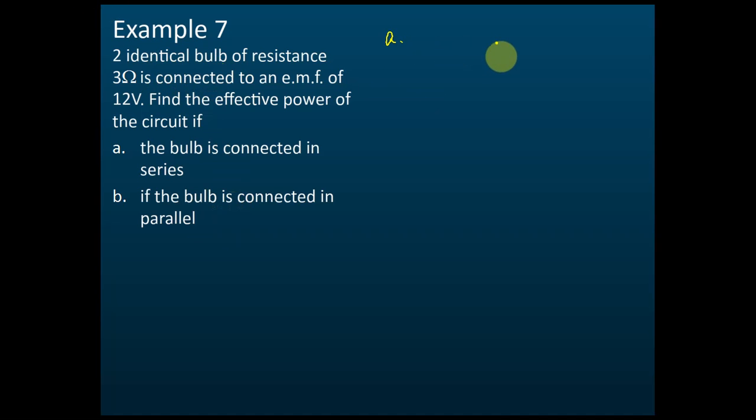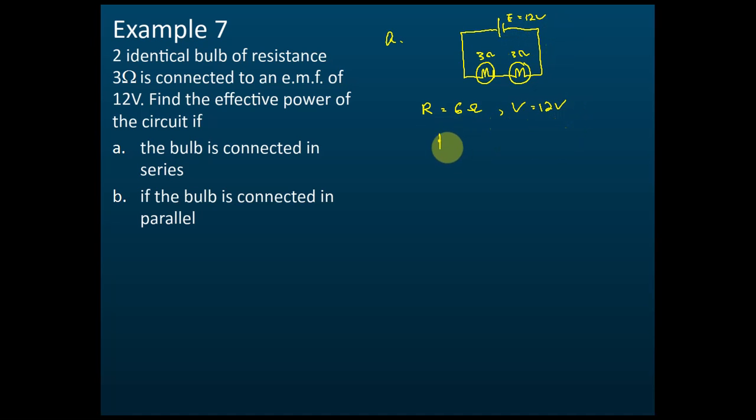A. If the bulbs are connected in series, each one is 3 ohm, the EMF equals 12 volt. So the effective resistance R will be 6 ohm, and the potential difference equals 12 volt because we assume that there is no internal resistance.